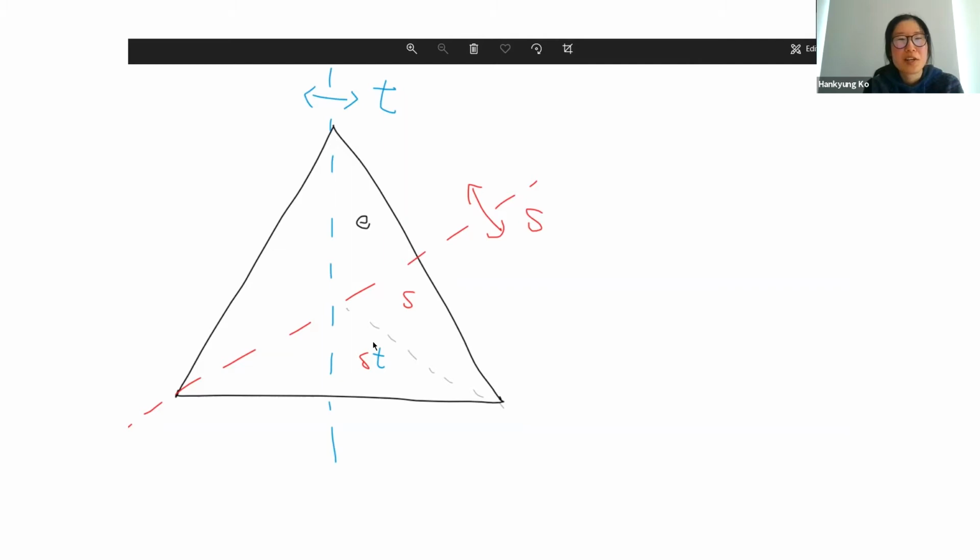Another way to get here is to start from the left and act on the right. So I draw this line here, and this segment corresponds to T. When you cross this, you multiply by T on the right.